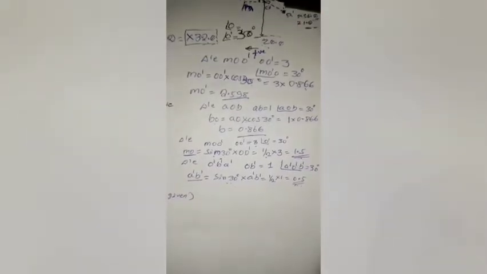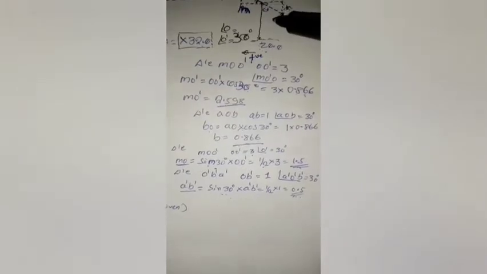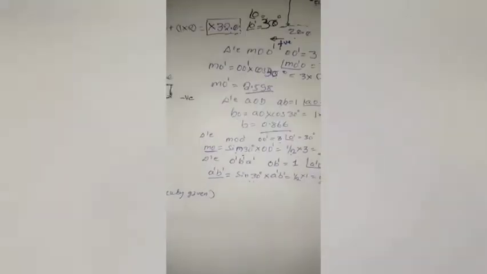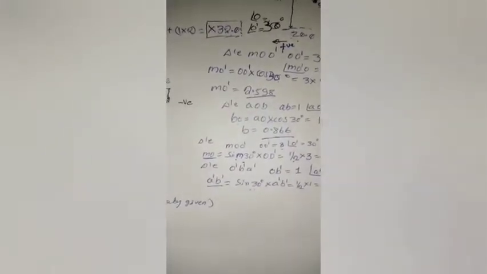So in triangle MO dash O, the O dash angle is 30 degrees. I need to find out MO. MO is the opposite side, so by trigonometry we can find sin 30 multiplied by O dash M dash.